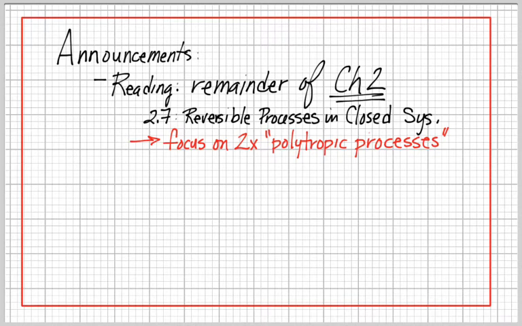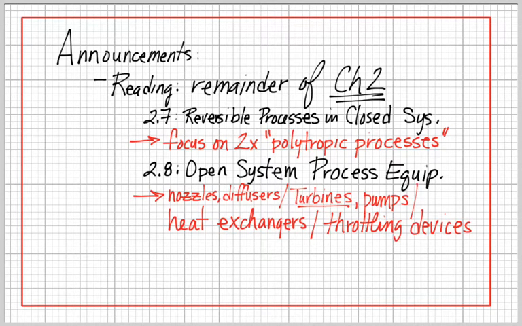Now, the next is section 2.8, which will discuss open systems. So we've shifted from closed systems to open systems, and it's a different segment, but it's very pragmatic. It's part of a standard group of equipment that we call process equipment that we use all through engineering. And those equipment are listed.